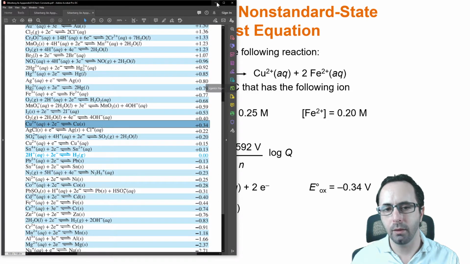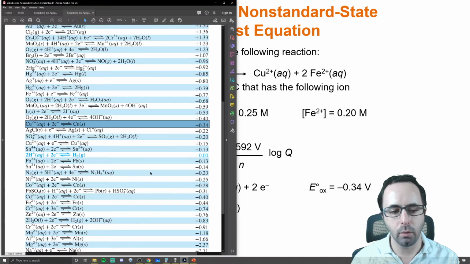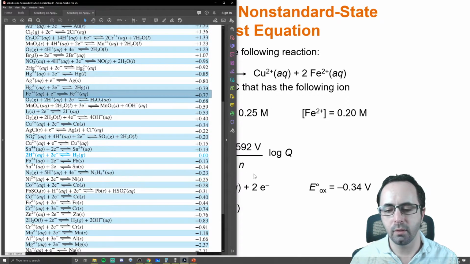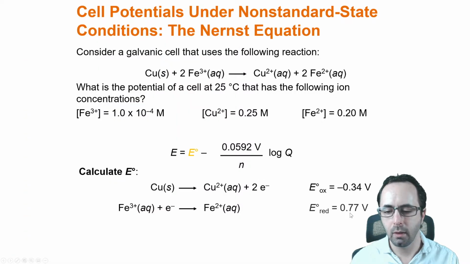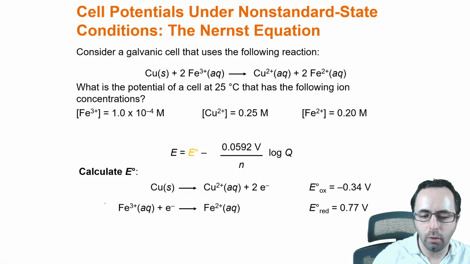So it's going to be negative 0.34 volts. Then we have to look up the reduction potential for iron 3 plus being reduced to iron 2 plus. And that is right here. And its reduction potential is 0.77. So we'll write that there. And again, as a note, we're going to add these to create the overall reaction.